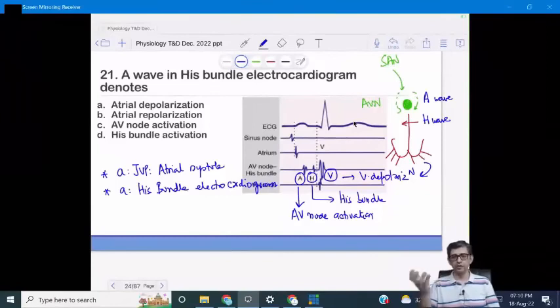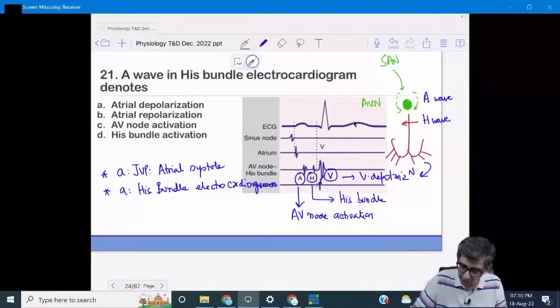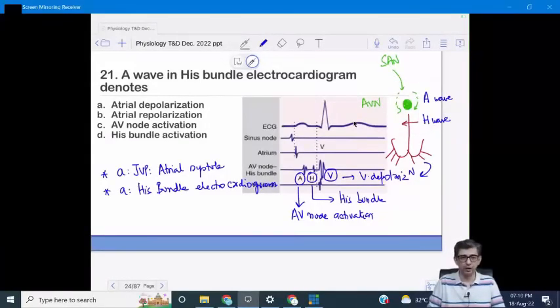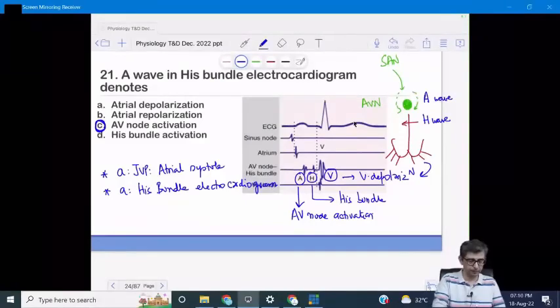So all that is left here is the A wave, which indicates AV nodal activation occurring in the patient. We are basically wanting to study this particular part of the heart, the AV node and then the bundle of His. The correct answer for question number 21 is option C. Okay.